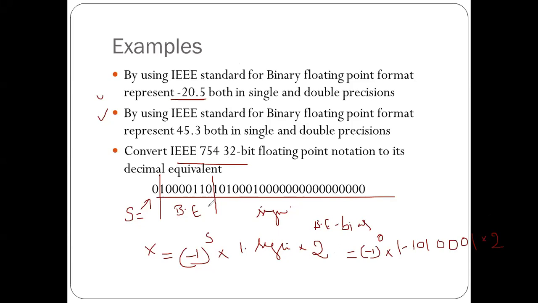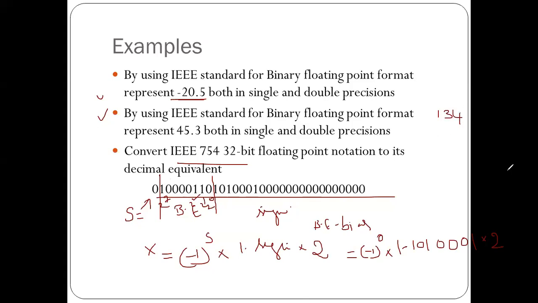So 2 power 0, 2 power 1, 2 power 2, 3, 4, 5, 6, and 7. You can apply power here itself, or else subtract the bias value and then apply power. Both are the same. This is 134.